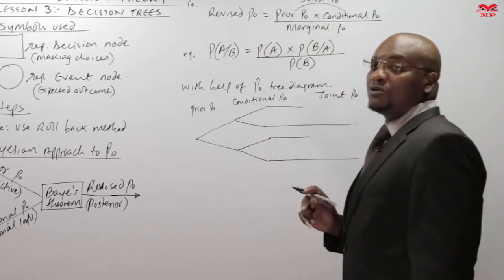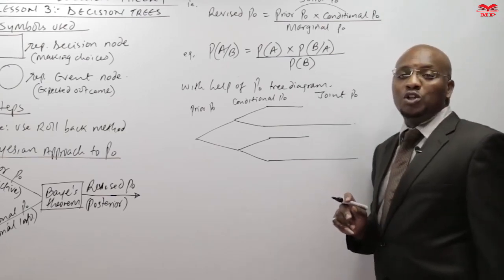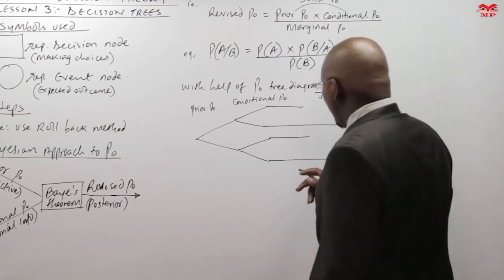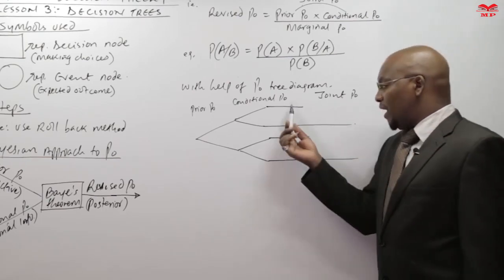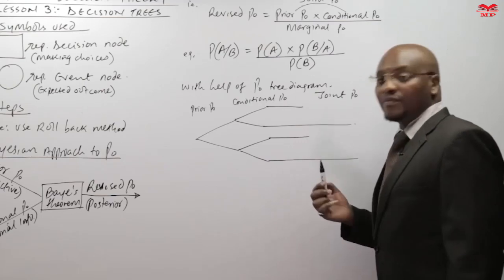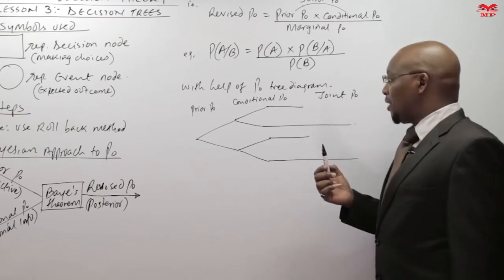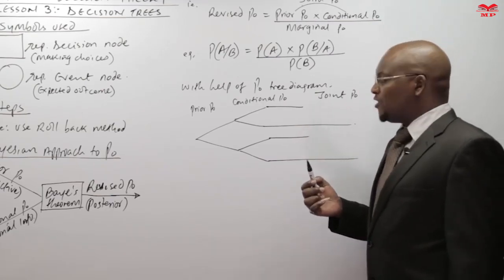And then for us to understand and show what we call the marginal, we would rather have pairing of these branches. Instead of these branches ending at the same column, we can pair them so that we can be able to obtain the marginal probability.